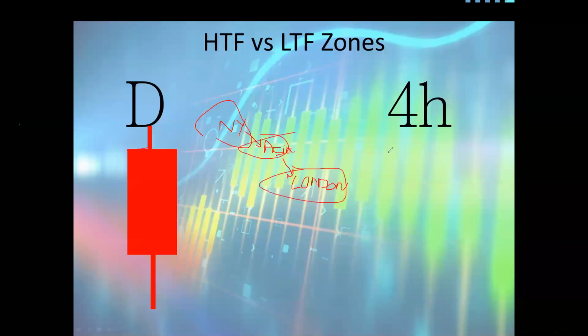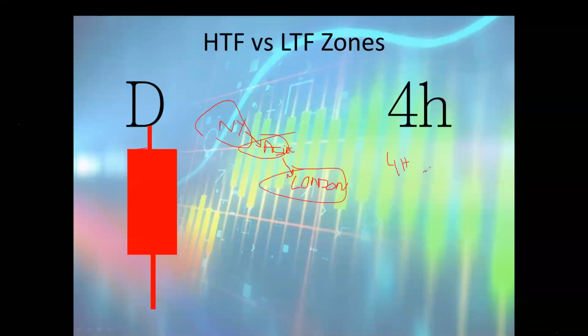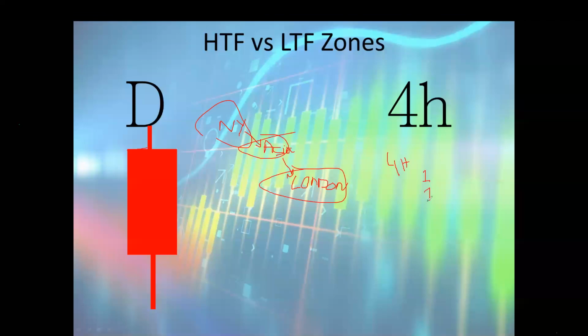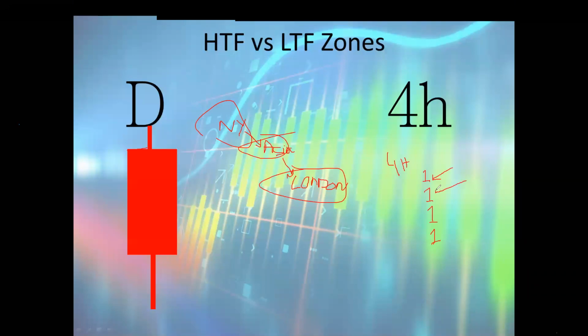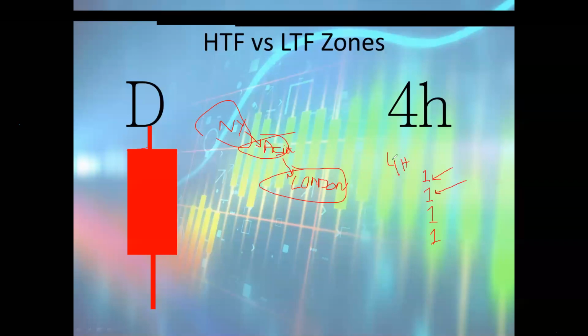So now when you're looking at the 4-hour candle, this is the same thing. The 4-hour has 4 1-hour candles, right? So maybe in the first hour there's no volume, because let's say this is the 7 a.m. candle. There's no volume. And then you have the 8 a.m. candle of the 4-hour candle, and you realize, okay, this is the New York open, so there's going to be a lot of volume.